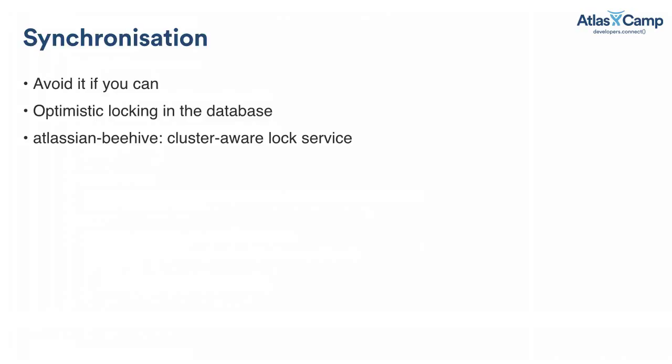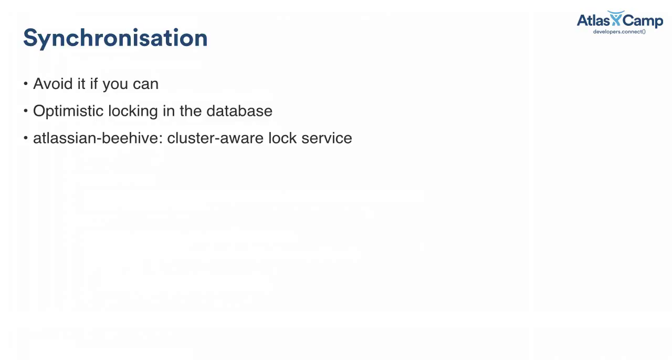So if you can avoid using locks in those cases, that will be helpful. But if you can't refactor your code to make it completely lock-free, then perhaps you can switch some of the locking that you do to optimistic locking in a database and still avoid having to do the lock all the time and just have the retry behavior if there was a concurrent change and you detected that in the database.